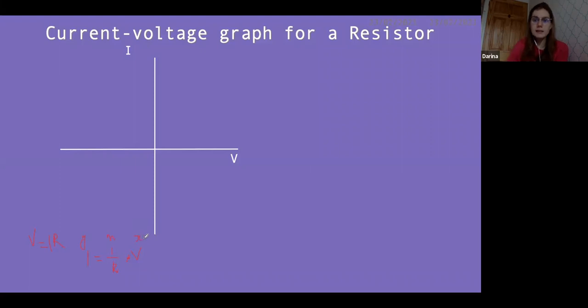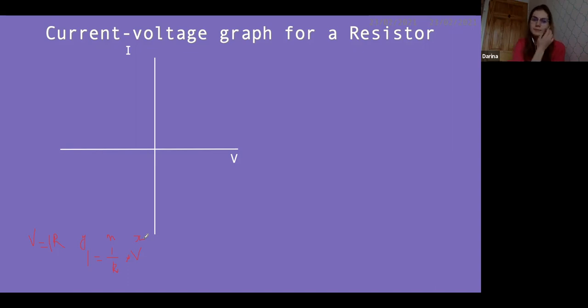Since this is true all the time for an ohmic resistor and resistance doesn't change, what are we expecting to see from that IV graph for an ohmic resistor? Anyone put in the chat what you're expecting to see?